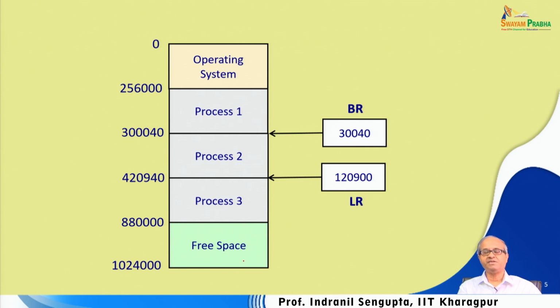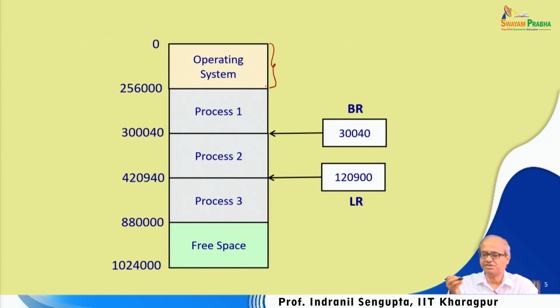Suppose this is a snapshot of a number of processes in memory. Typically in memory, there is a portion which is occupied by the operating system. Some of its essential routines, the interrupt vectors, and other things are stored there. And the different processes may be allocated different spaces.